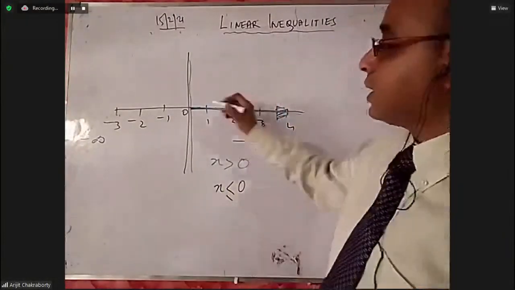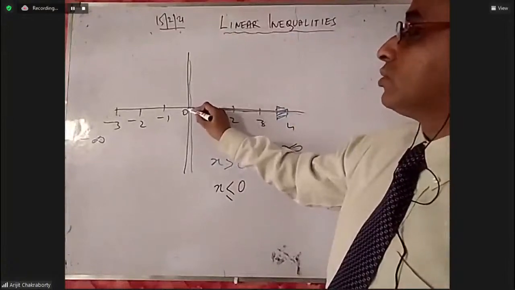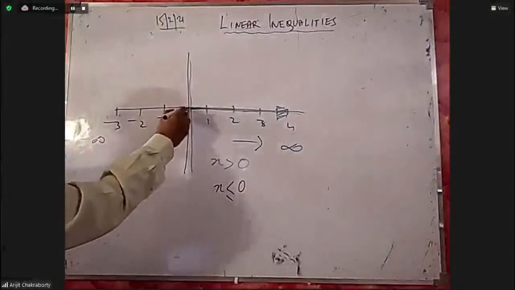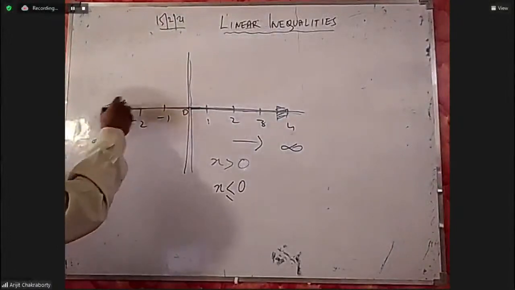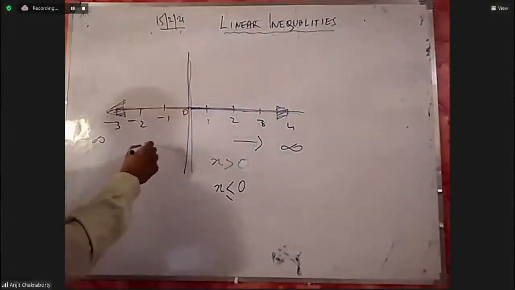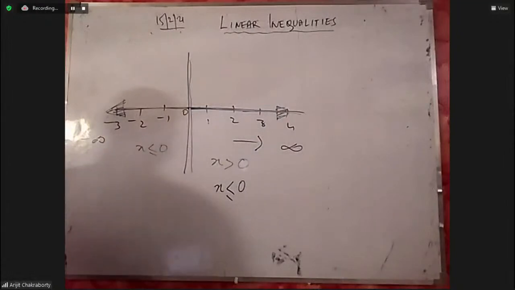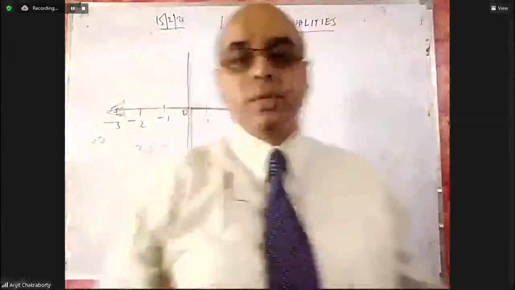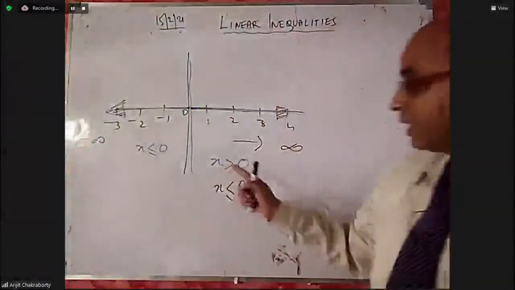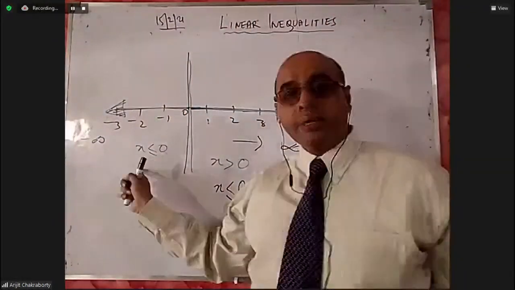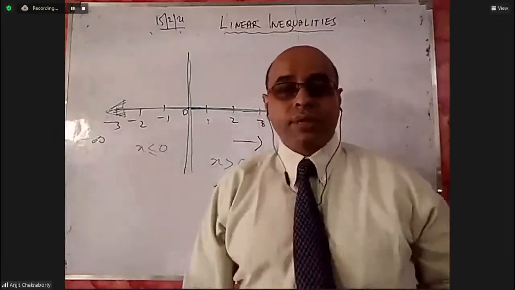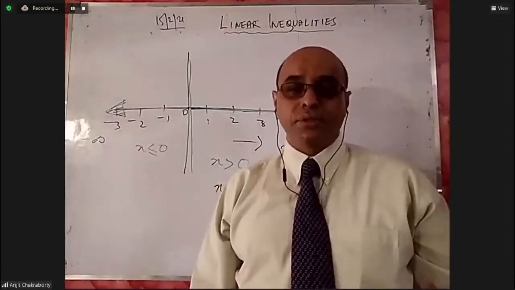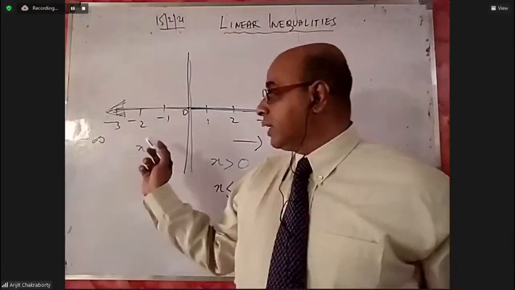So I will take this point 0 and draw an arrow to the left-hand side, like this, and it will be x is less than or equal to 0. In the earlier case I put a gap here because x cannot be equal to 0, as the given condition is x is more than 0. But here x is less than or equal to 0. That means either x can be 0 or it can be less than 0. So the maximum value it can take is 0. Okay.